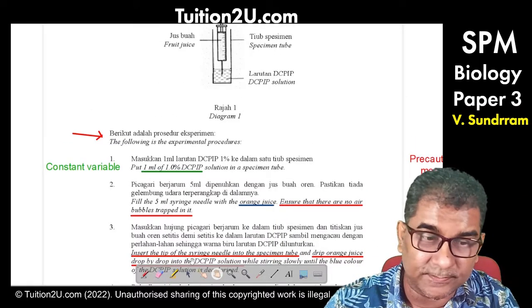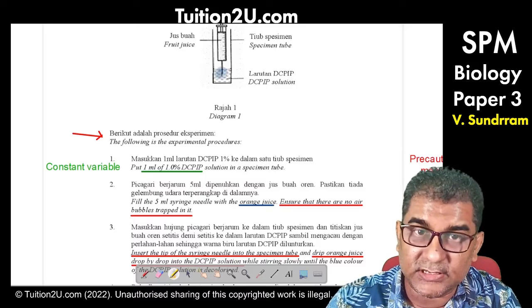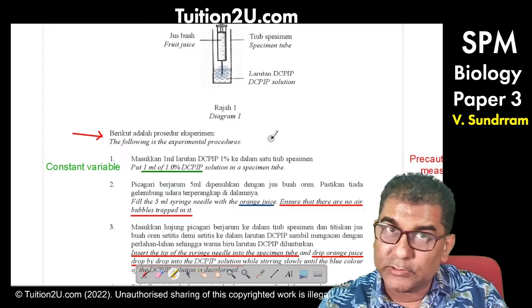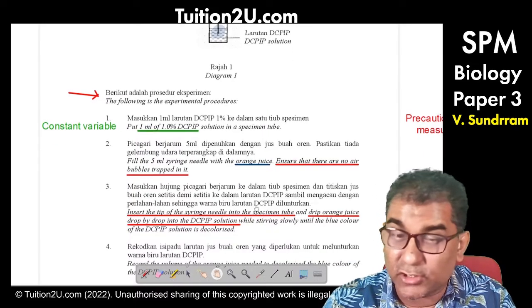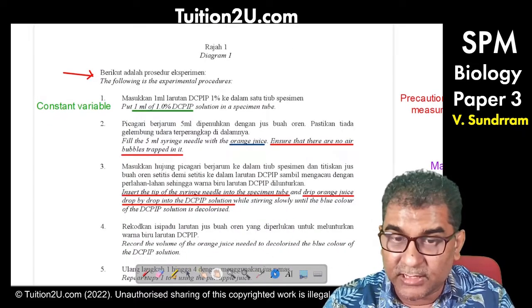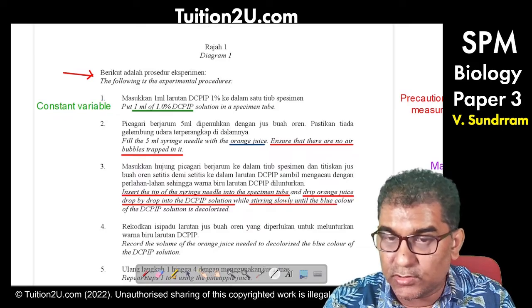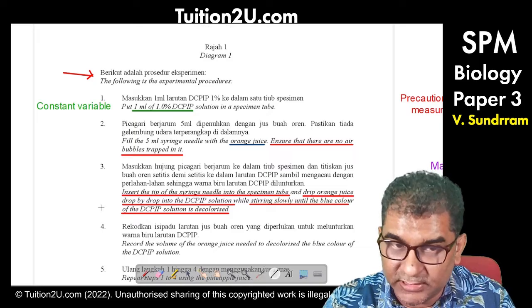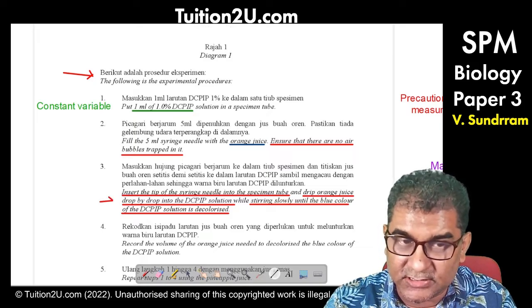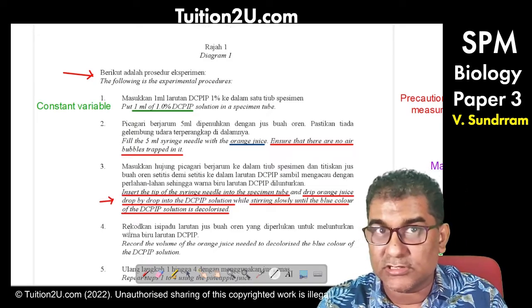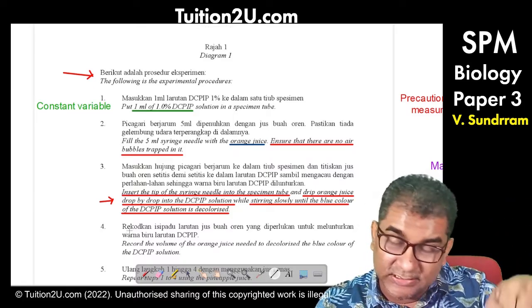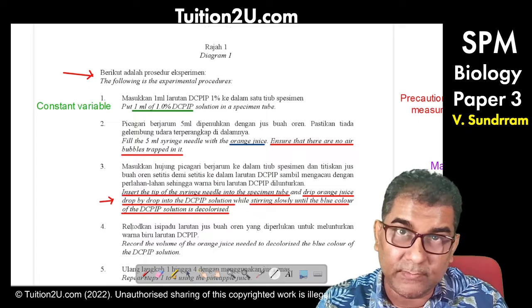As you can see here, the needle is inside the DCPIP solution. You're supposed to add the fruit juice drop by drop. At the same time, you're supposed to stir it slowly until the blue color is decolorized. So in this sentence here, you have a few precautionary measures. Insert the tip of the syringe needle into the DCPIP solution.